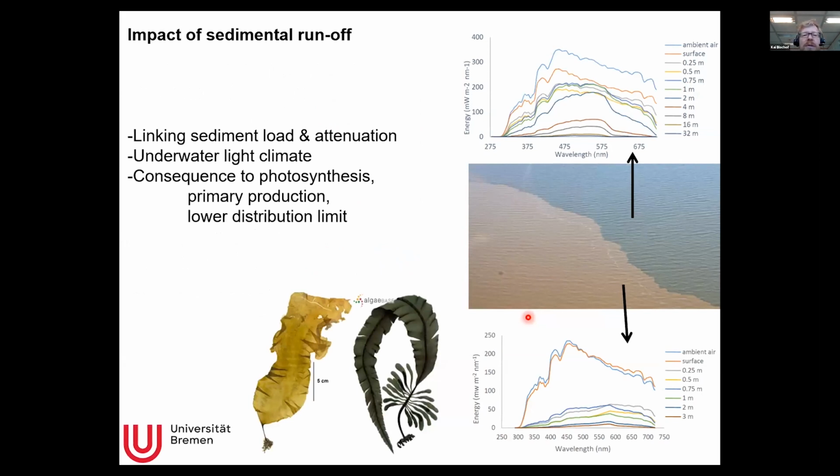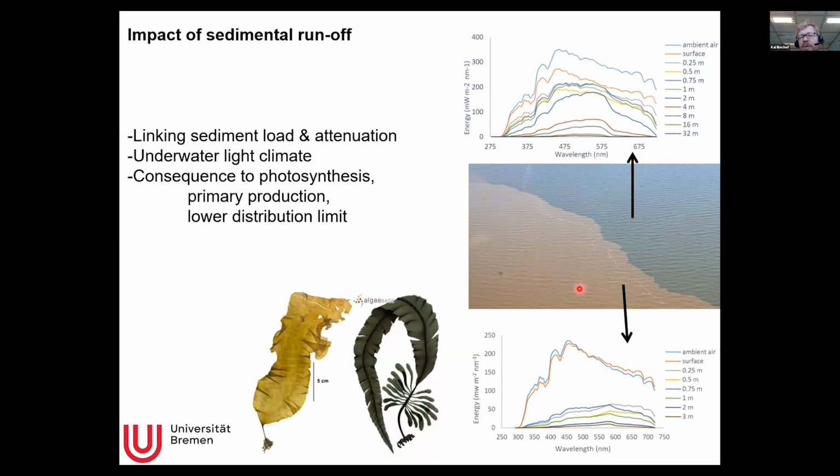A PhD student of mine is conducting spectrally resolved underwater measurements of light in the water column. You see here the spectral distribution of energy over the wavelength for atmospheric radiation, and then for underwater radiation. This is under very clear water conditions.